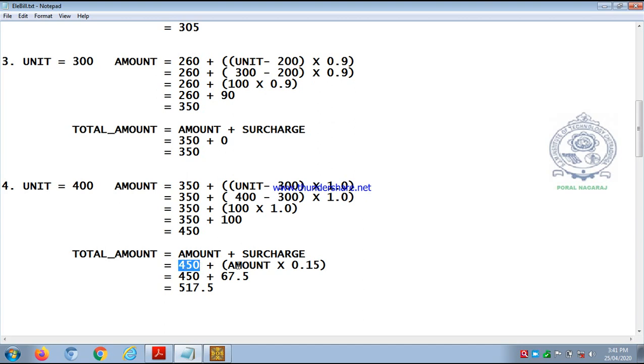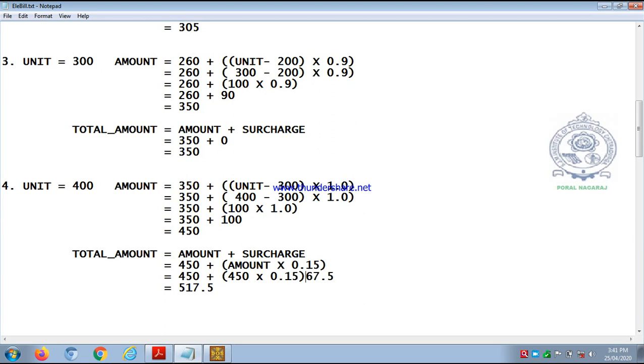So to this amount, 450, we have to multiply by 15%, which means 0.15. So surcharge will be 450 into 0.15.